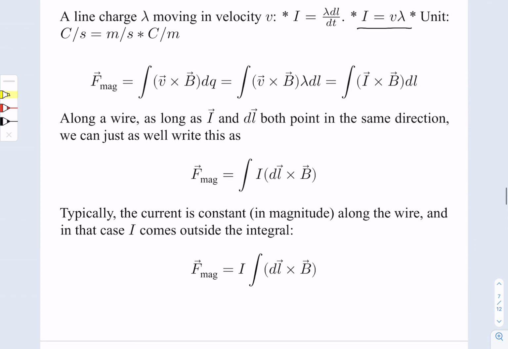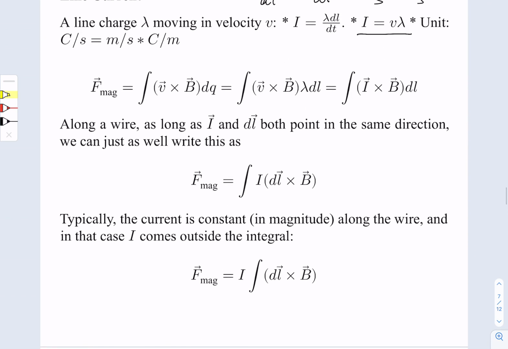So if you still remember, you have done a simple question like calculating the force felt by a closed loop current in a uniform B field. So can any of you give an answer to this short question?